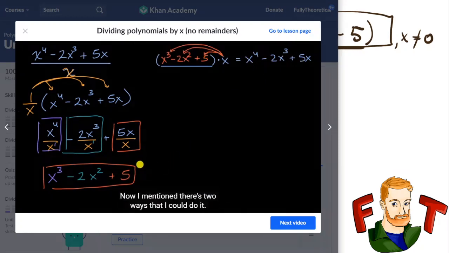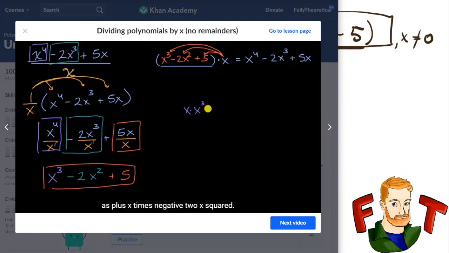Now I mentioned there's two ways that I could do it. Another way that I could try to tackle it is I could look at this numerator and try to factor an x out. I would try to factor out whatever I see in the denominator. So actually let me just rewrite the numerator. I can rewrite x to the fourth as x times x to the third. And then I can rewrite the minus 2x to the third as plus x times negative 2x squared.